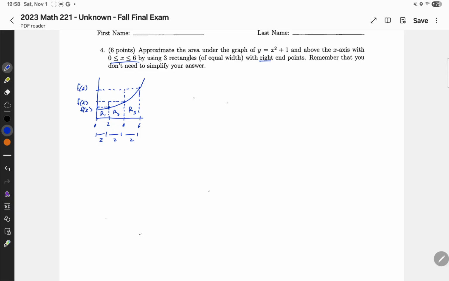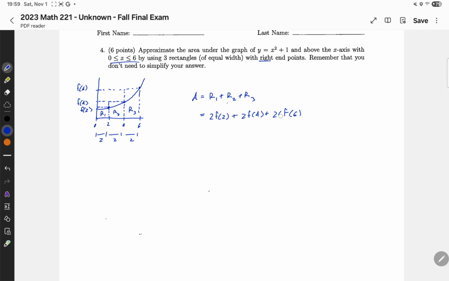So we can write the area with this Riemann sum as the area. Let's say R1 plus R2 plus R3. This is going to be equal to, well, R1 is going to be the base times the height. So that's going to be 2 times f of 2 plus 2 times f of 4 plus 2 times f of 6.